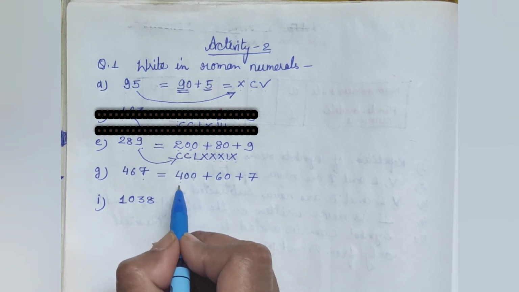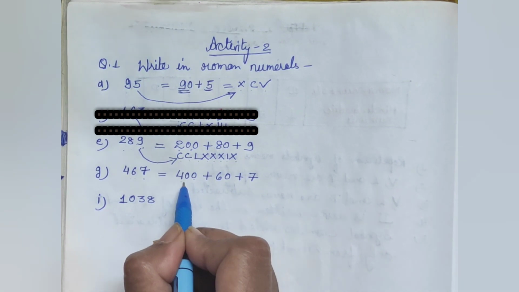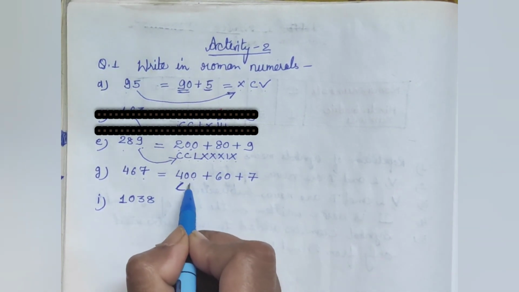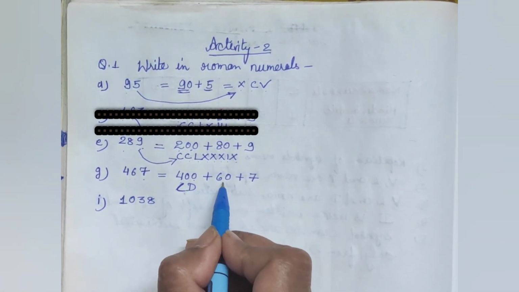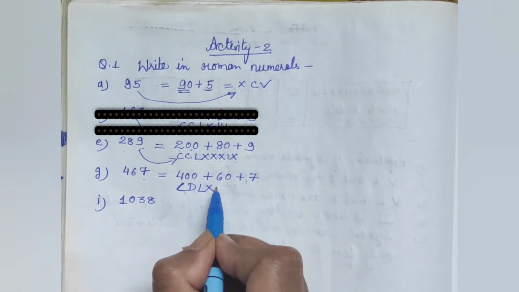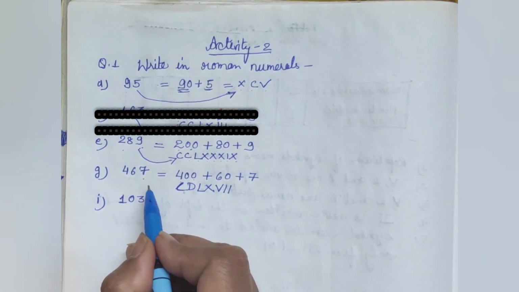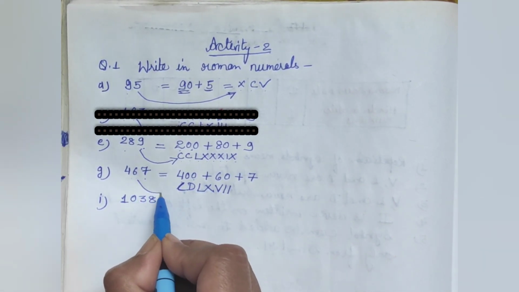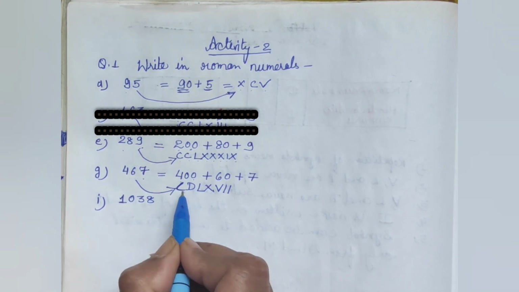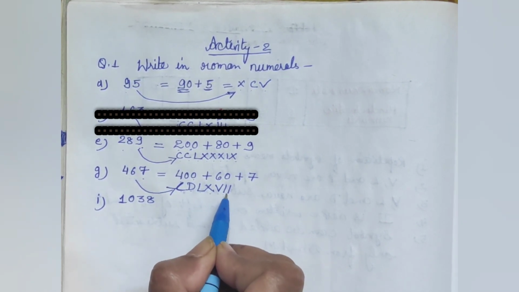For 400 we write symbols CD, and for 60 we write LX. For 7 we write VII. So 467 is written as CDLXVII.